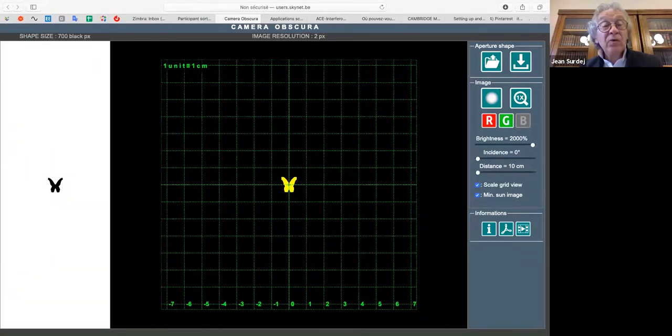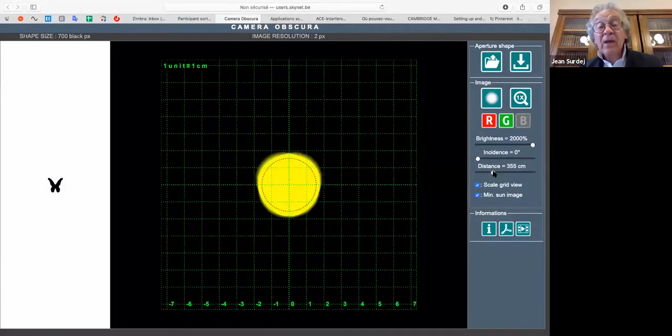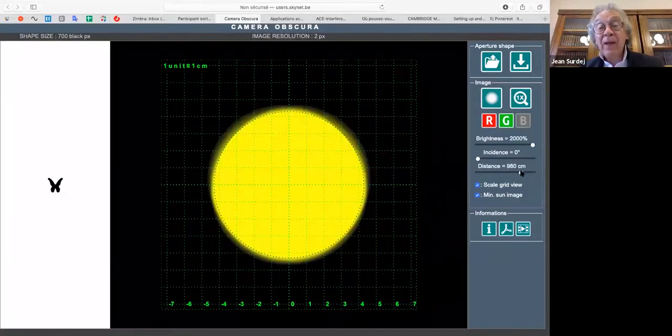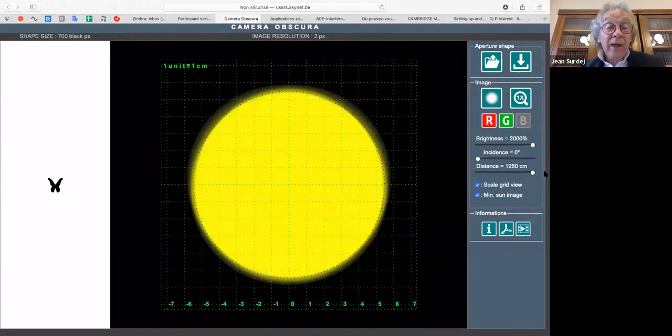So you get the relation between the size of the image you see and the distance at which you are looking. Here I am at a distance of 3.5 meters, and this is the convolution of a butterfly hole with a solar disk. And as you go farther and farther away, you almost get the real image of the sun. So this is another view of what a convolution product is.